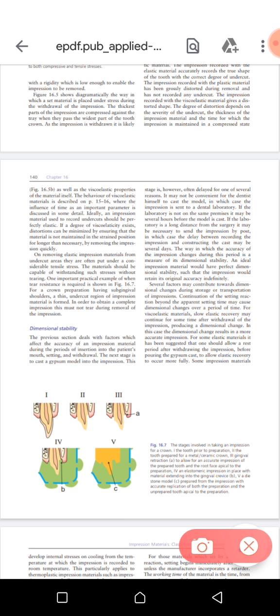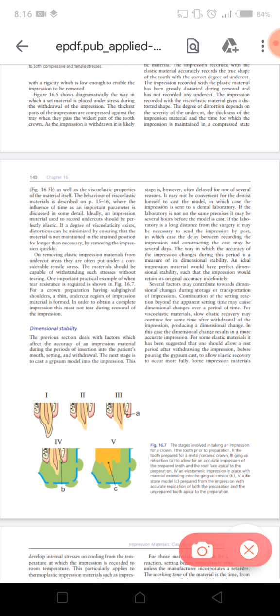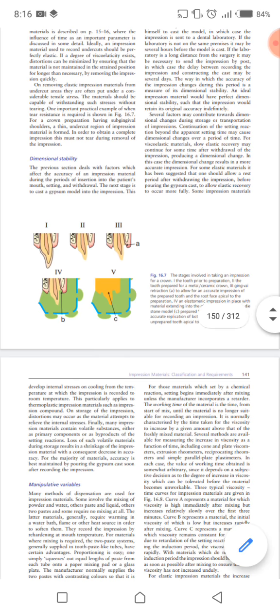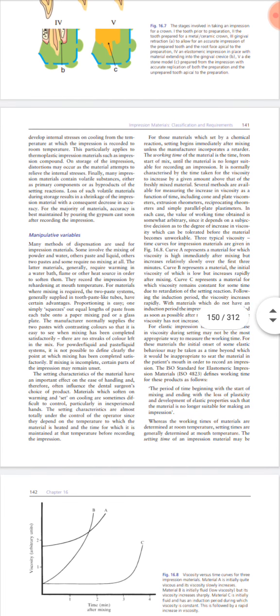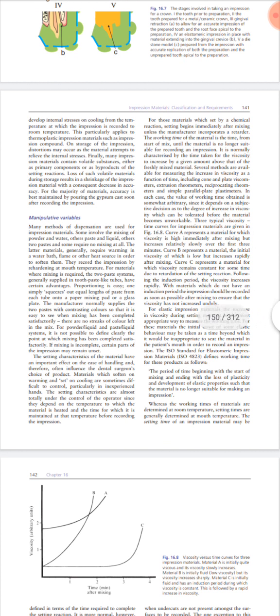Okay, and some impression materials develop internal stresses on cooling from the temperature at which the impression is recorded to room temperature.